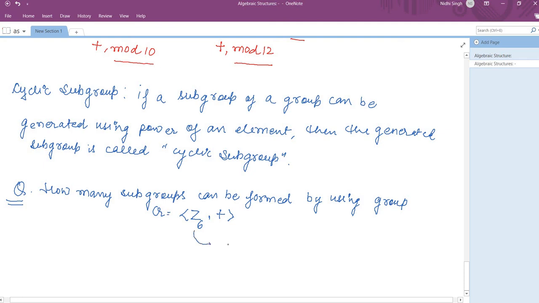Now from the set of residuals, what are my values? Values are 0, 1, 2, 3, 4 and 5. So we have to pick all of the element values one by one and situate its power like 0 to the power 0, 0 to the power 1, 0 to the power 3 up to 5. And we have to find out what are the values generated from this task. So whenever there is a repetition, we have to stop.